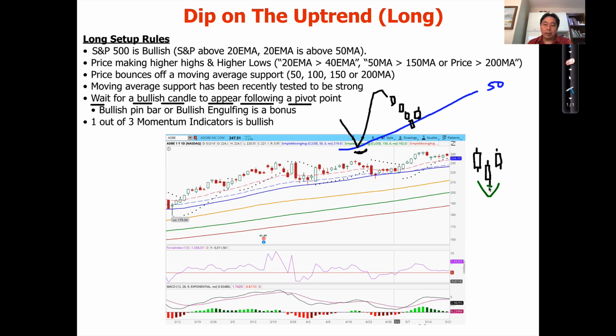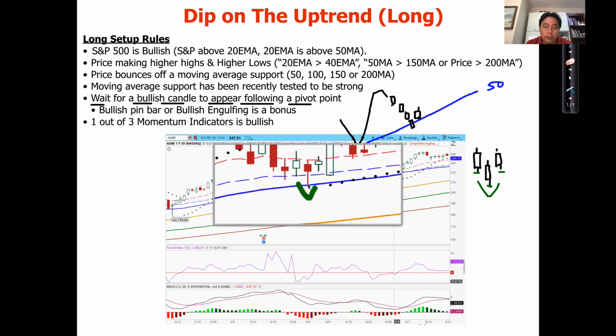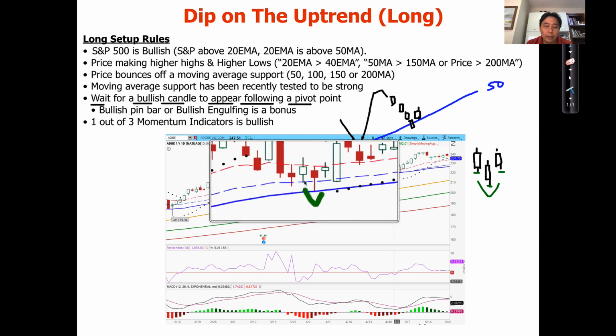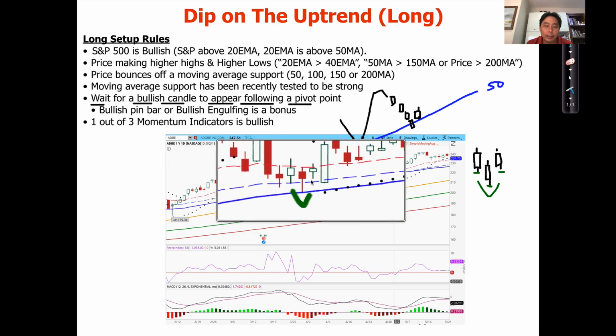Why? Because this low is lower than the previous low and lower than the next low. So it creates a V shape. A pivot point is basically a V shape. Make sense? So over here, for example, this is a pivot point because this low is lower than this low and lower than the next low.